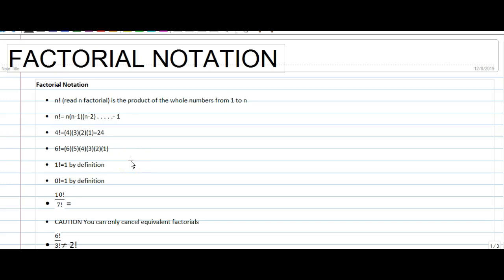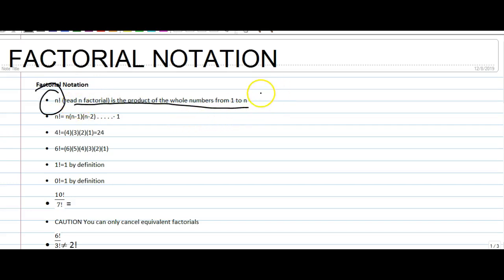In the last couple of sections, we're going to use what we call factorial notation, and that's usually denoted with a sign that looks like this, and this is read n factorial, and n factorial is the product of the whole numbers from 1 to n. So 4 factorial would be the product of the whole numbers from 1 to 4.